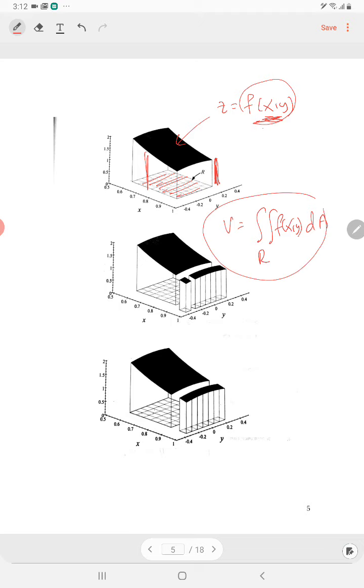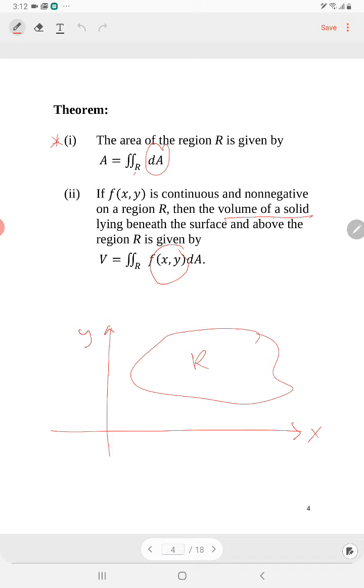So this is another theorem, item 2 here. If f is continuous and non-negative on region R, meaning that it doesn't go below the xy plane, that is what non-negative means, then the volume of a solid lying beneath the surface and above the region R is given by double integration, but now instead of just 1, we have function f of xy, where function f of xy is really the height of your solid.